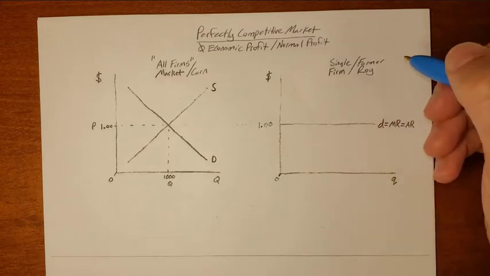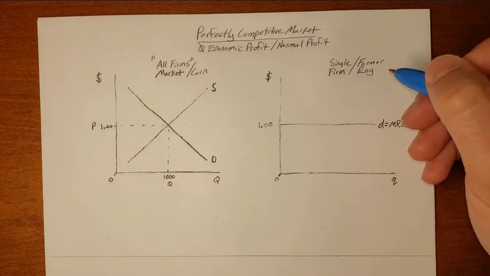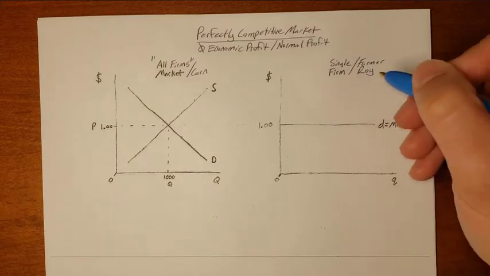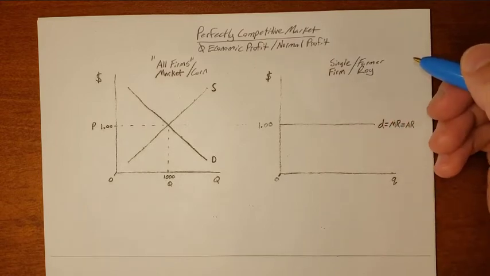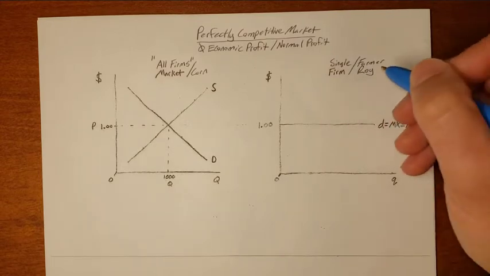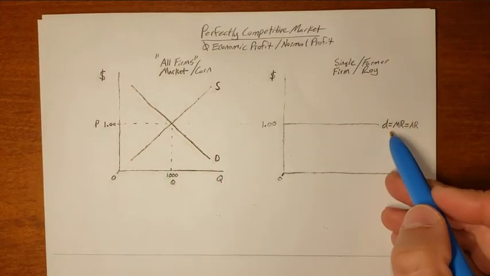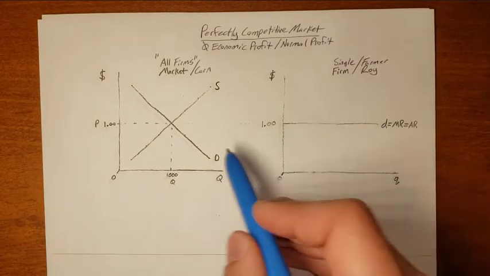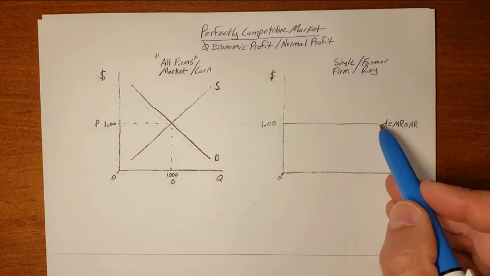And because he's a relatively small part of the market, and he sells what we would think of as undifferentiated products, meaning for most people, corn is corn, and they're not going to pay extra for Roy's corn because they can get it from any farmer, the demand curve for Farmer Roy's corn is perfectly elastic. That is, it looks flat, because a buyer will only pay up to the market price for Farmer Roy's corn, which is $1.